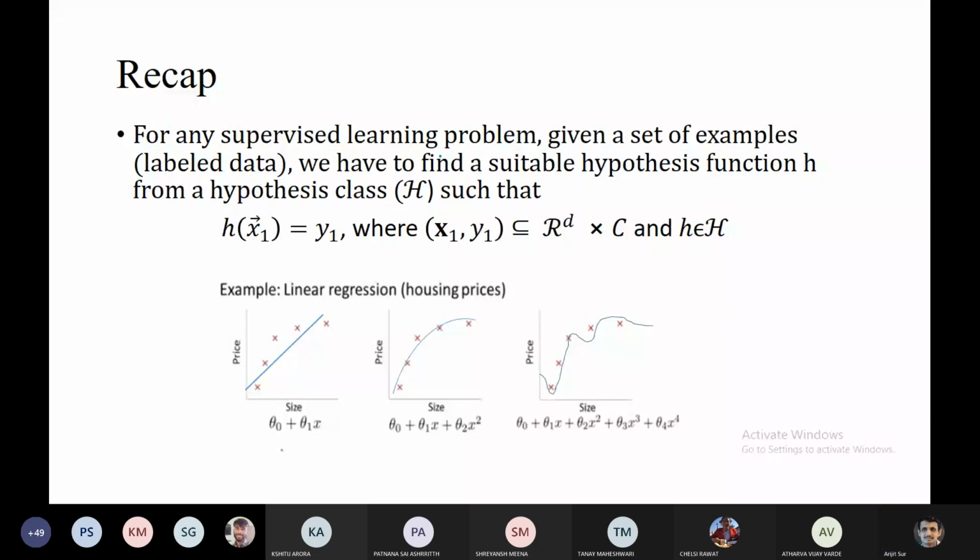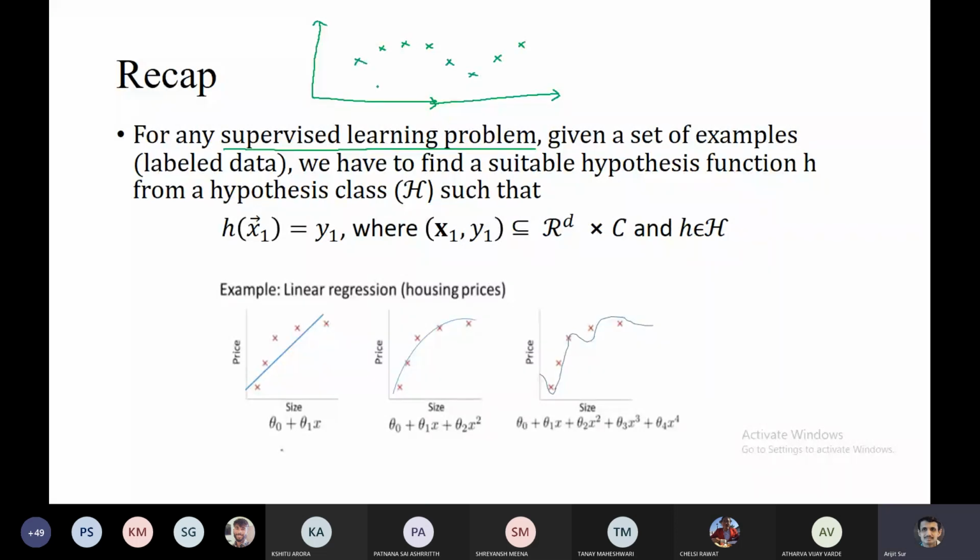First of all, we are doing a supervised learning problem. What do we mean by a supervised learning problem? It is very easy: some points are given, and we have to find any other point in between.